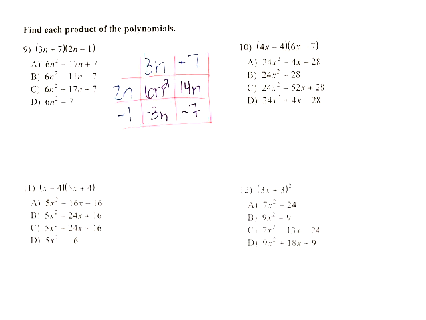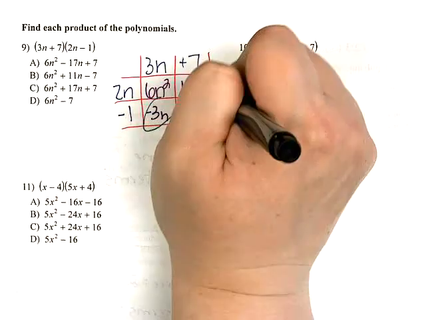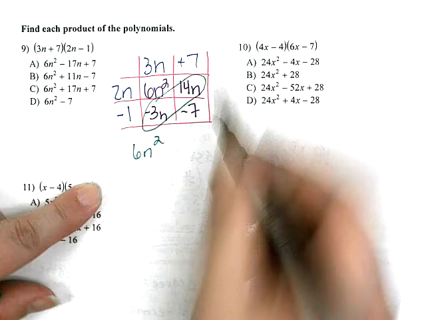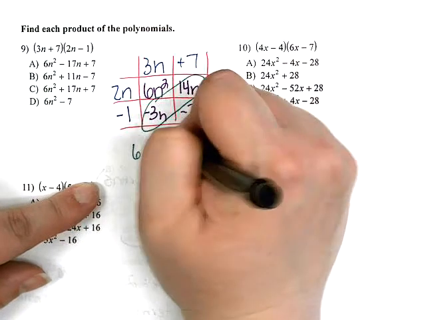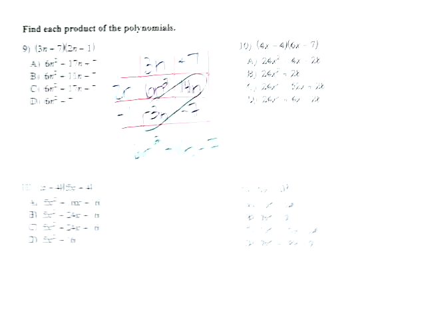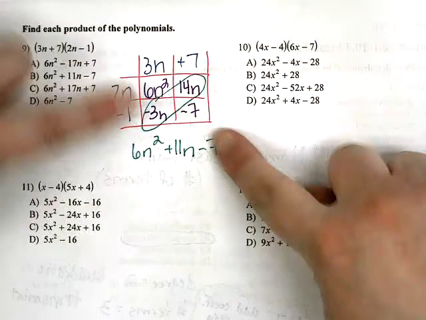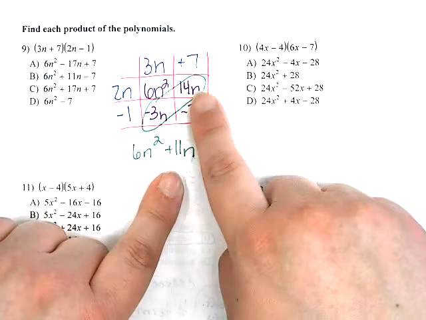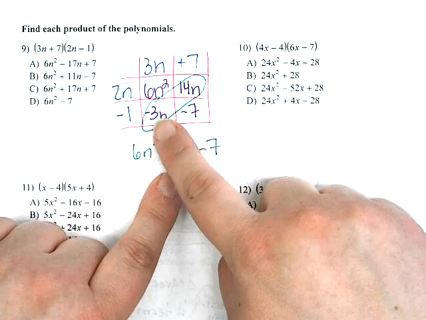Okay, and then I have my like terms on my diagonal. So I have 6n squared as my first term. Combine those and I get 11n. And then negative 7 is my last term. Remember, your first and last box are your first and last term. And those middle terms come from the combining of like terms right here.